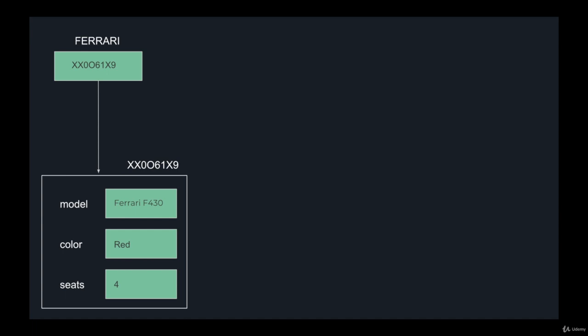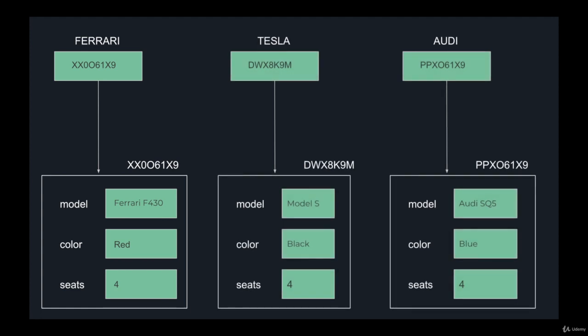In a similar way it works for all the other objects. Like in the last lecture we created multiple objects of Tesla, Audi, and these reference variables were pointing to the corresponding memory blocks, and data was stored in those corresponding memory blocks. So this is how object creation in Java works.